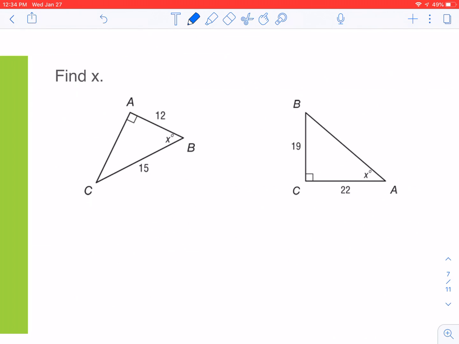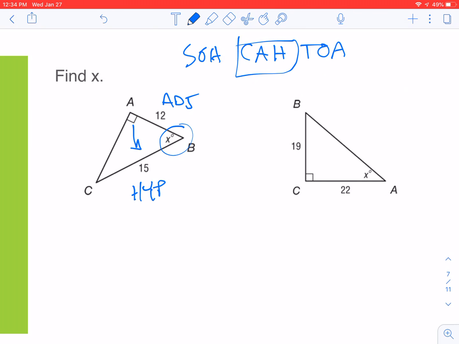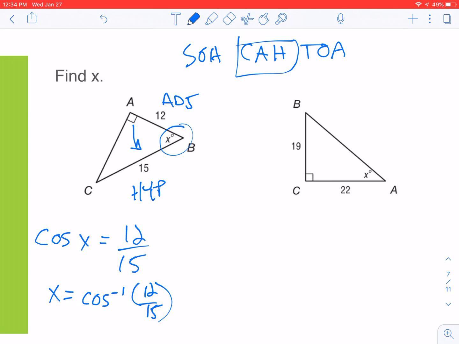Okay? So, don't forget soh cah toa. Circle the angle. This is the hypotenuse. It's opposite 90. This is adjacent. It's going to be cosine. Cosine of x equals 12 over 15. X will then equal inverse cosine, cosine to the negative 1, times 12 over 15.